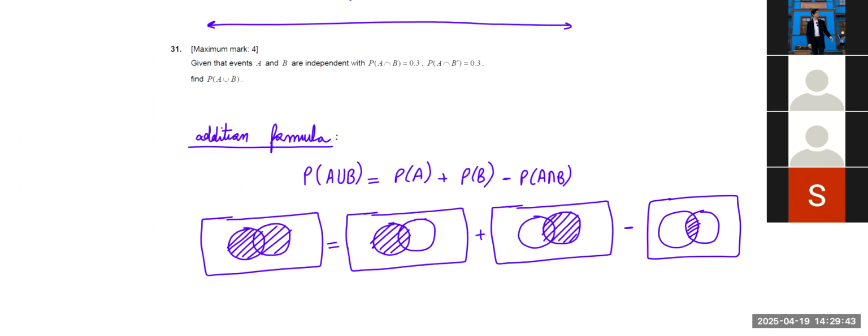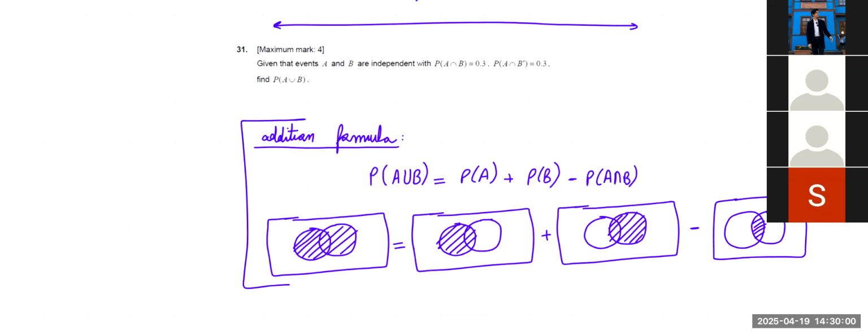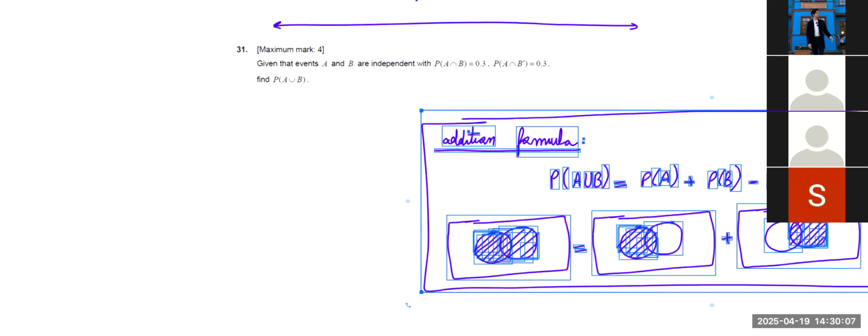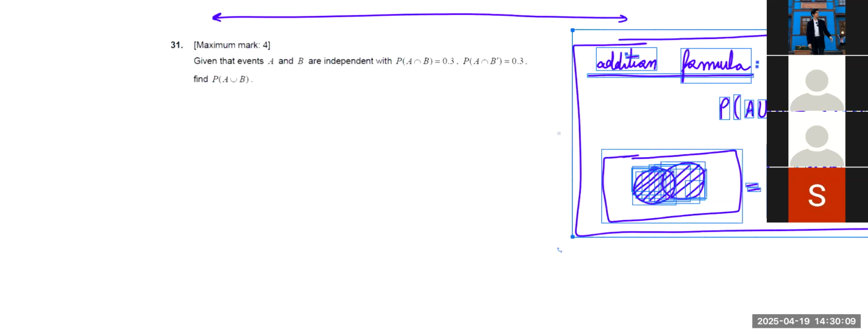You wouldn't need this part, because there is no overlap, so you're not counting anything twice, so you don't need to write this term. Of course, you could, but then you would just have to plug in 0 for it because they're mutually exclusive. So this is a general purpose formula, but of course it will become a bit simpler if two events are mutually exclusive. So I'm going to put this here on the right, and then let's look at this question.